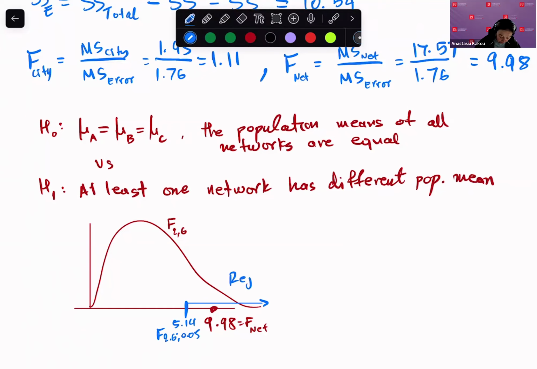So we reject H0. And then we need to write the conclusion.